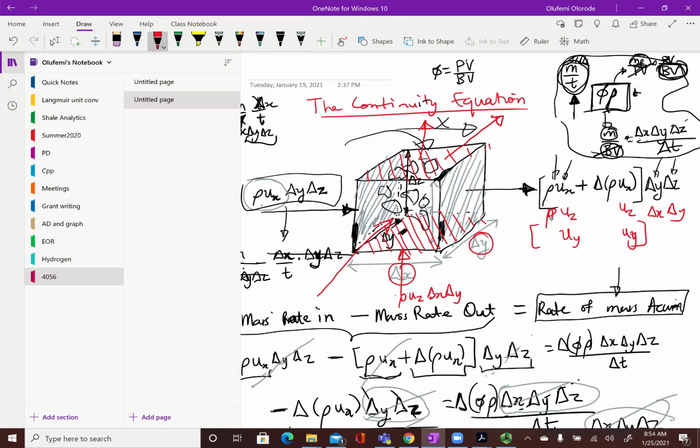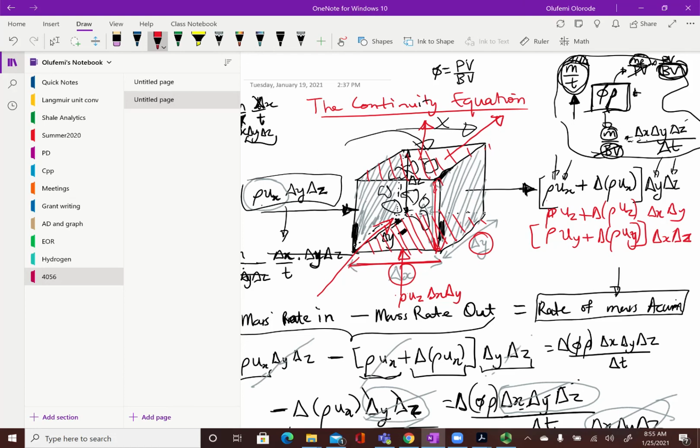Everything else remains the same, right? Delta rho plus delta rho UY. And what's the area in that direction? Is delta X times delta Z. So you see the small changes you have.